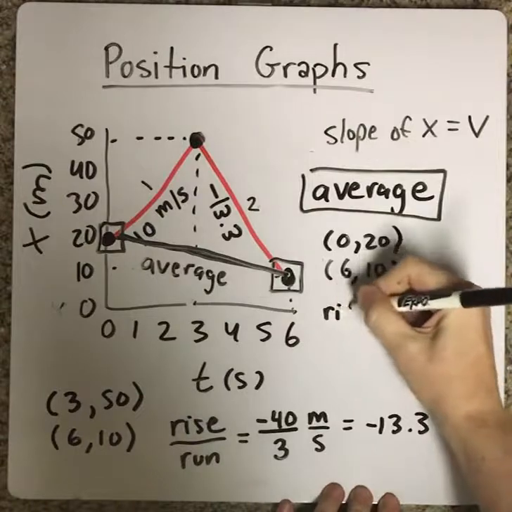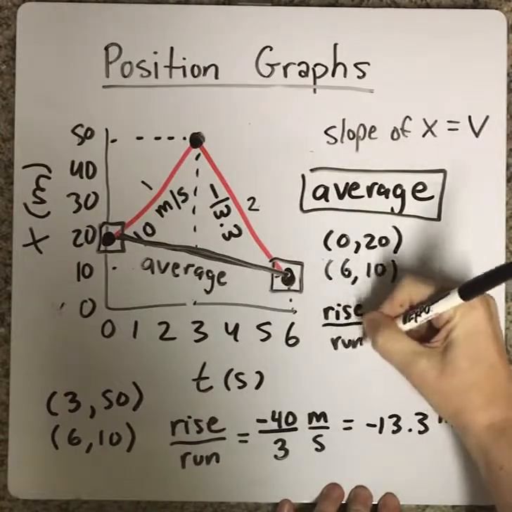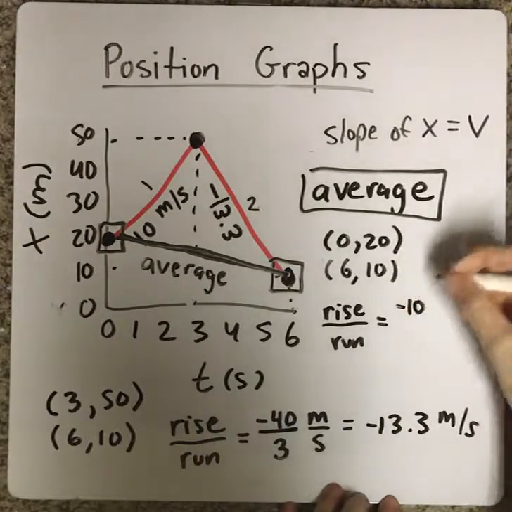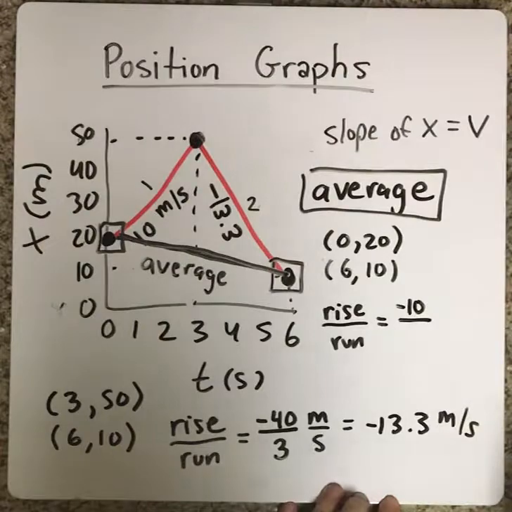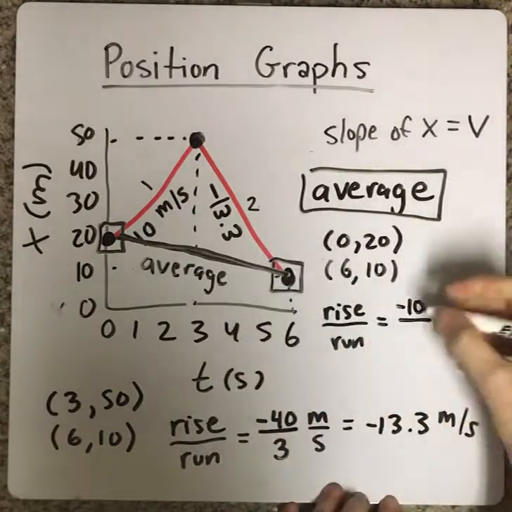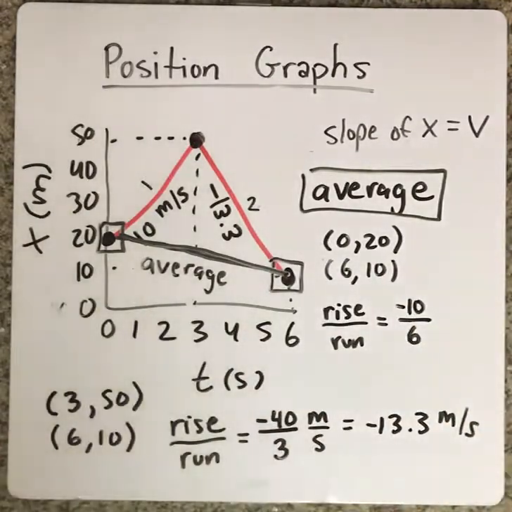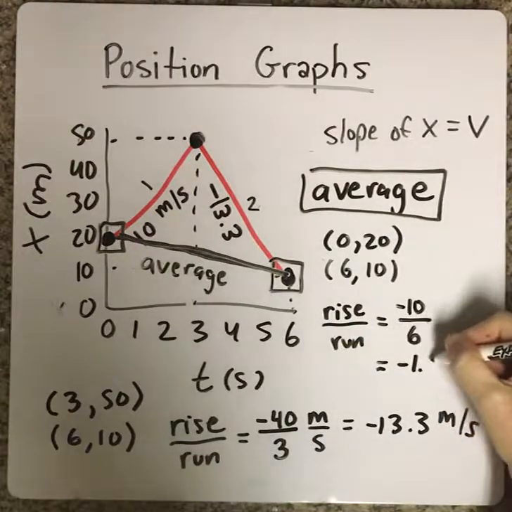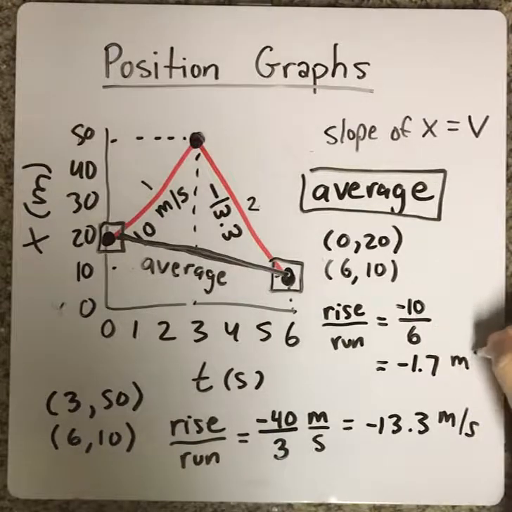And I can apply rise over run. In this case, the y values decreased by 10 and the x values increased by 6. If I put that in a calculator, I'm going to get negative 1.7 meters per second.